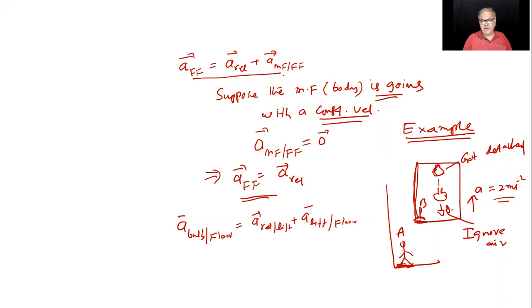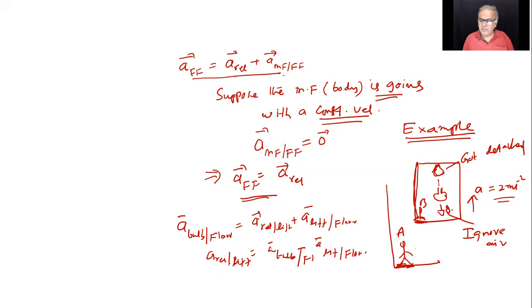Vector sum. Do you follow the meaning of this statement, children? A of the bulb with respect to floor, that is here; a of the bulb relative to the lift. Now relative to the lift, how much? I should write a relative for him actually. This is a relative to the floor. The a of the bulb relative to the lift is equal to a of the bulb with respect to floor minus a of the lift with respect to floor.